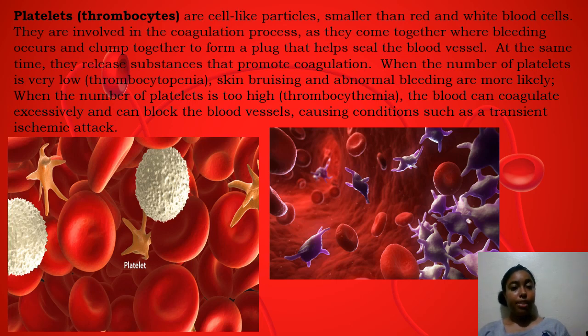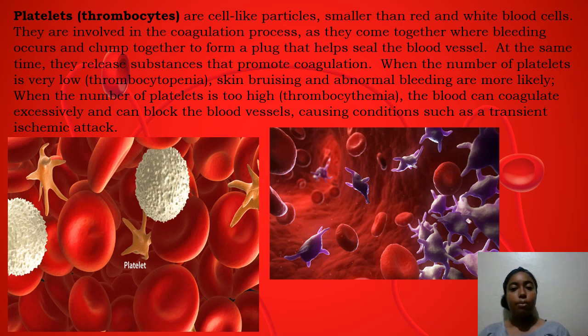Platelets or thrombocytes are cell-like particles smaller than red and white blood cells. They are involved in the coagulation process as they come together where bleeding occurs and clump together to form a block that helps seal the blood vessel. At the same time, they release substances that promote coagulation.